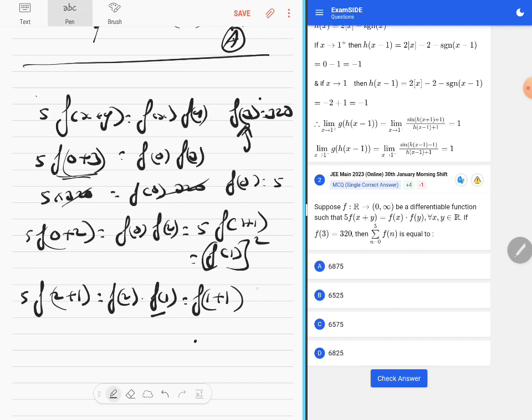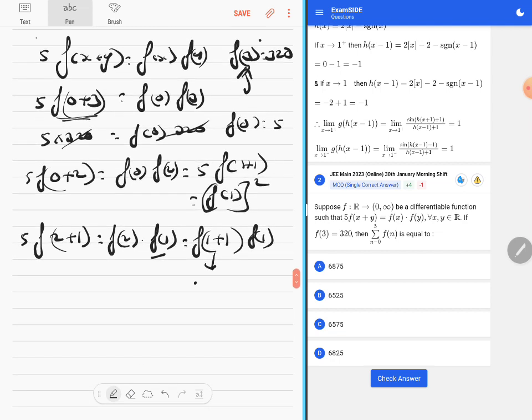We don't know what f of 1 is, let's keep it as f of 1. You can apply the rule only with the 5, but you don't have a 5, so I'm still writing f of 2 into f of 1.